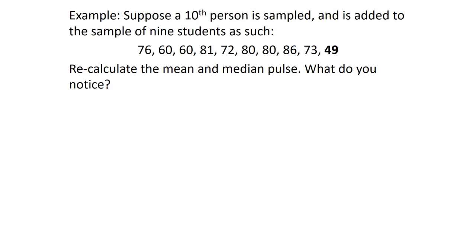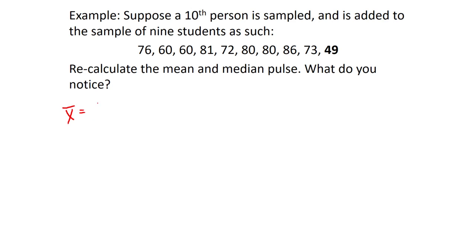Okay, what do you notice immediately? Yeah, it's definitely an outlier. For some reason their pulse is very, very low. It's not crazy low, I'm not gonna send them to the hospital, but it's way lower than most people. So I want to look at what happens if we redo the median, for example.